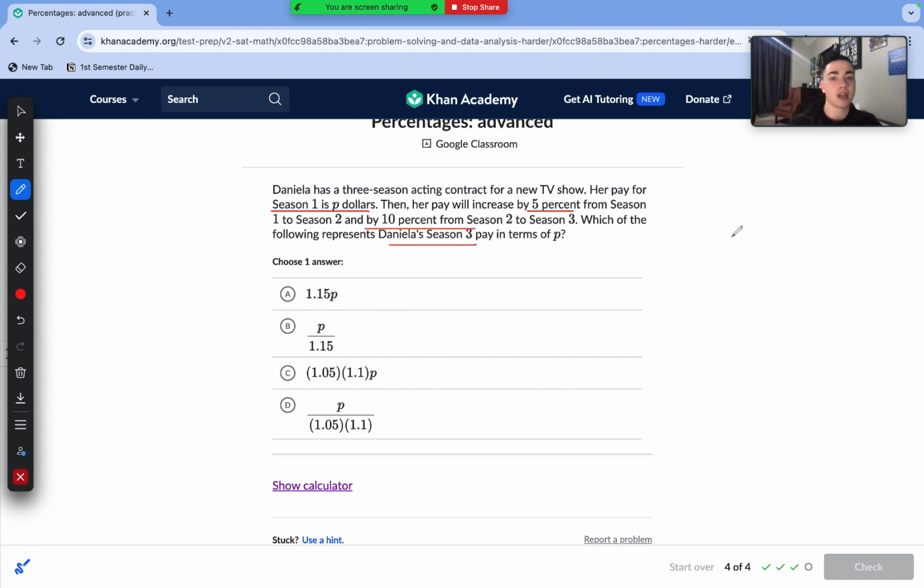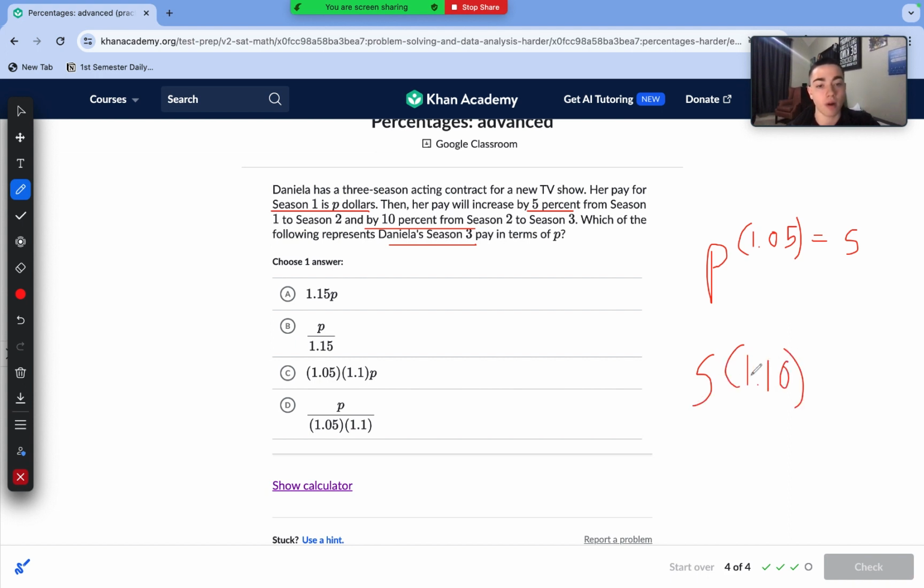So remember not to get confused here, because we first need to do the season 1 to season 2 increase. So we have P, and then a 5% increase, we just need to multiply that by 1.05. Let's call P times 1.05 her season 2 pay, and call this S. Then to go from season 2 to season 3, we multiply S by an increase of 10%, so 1.10.